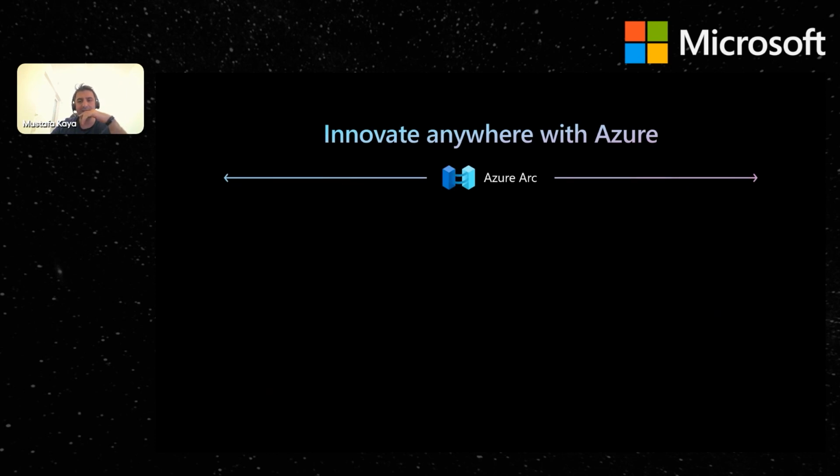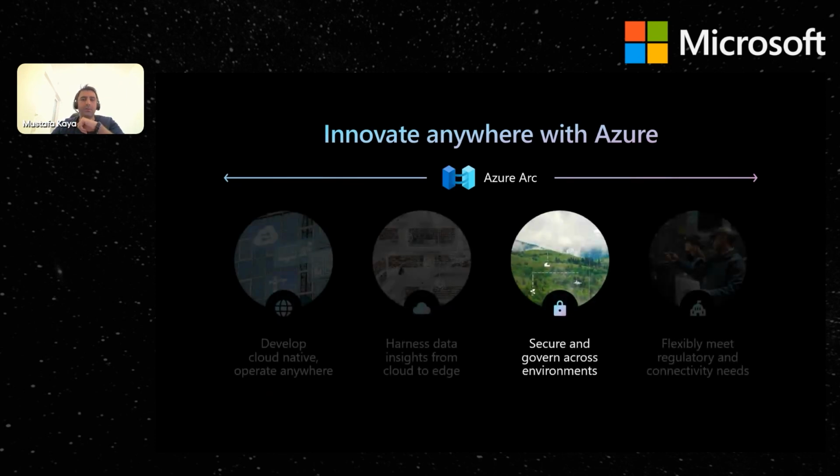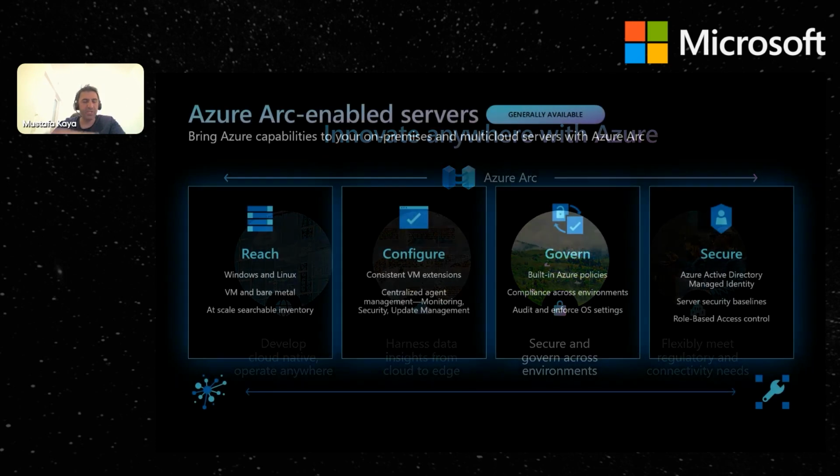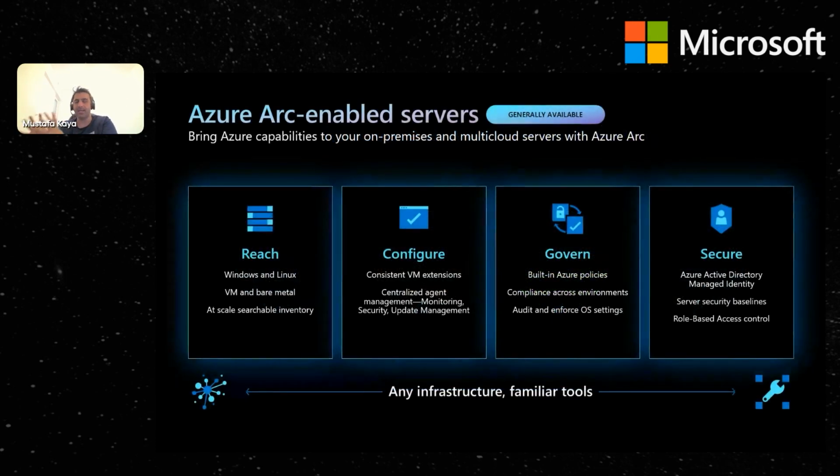Let's dive into what we mean by enabling your virtual machines and servers with Azure Arc. We call this Azure Arc-enabled servers. Let's talk about this specific solution a bit more. Arc-enabled servers let you take advantage of cloud native security and governance services.